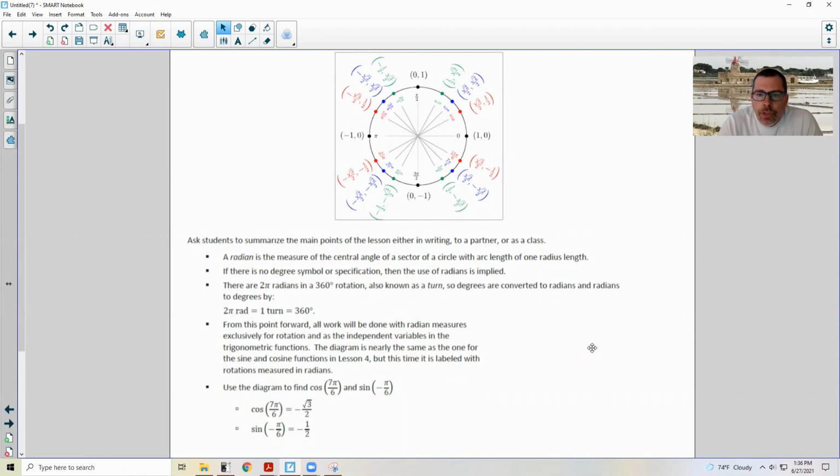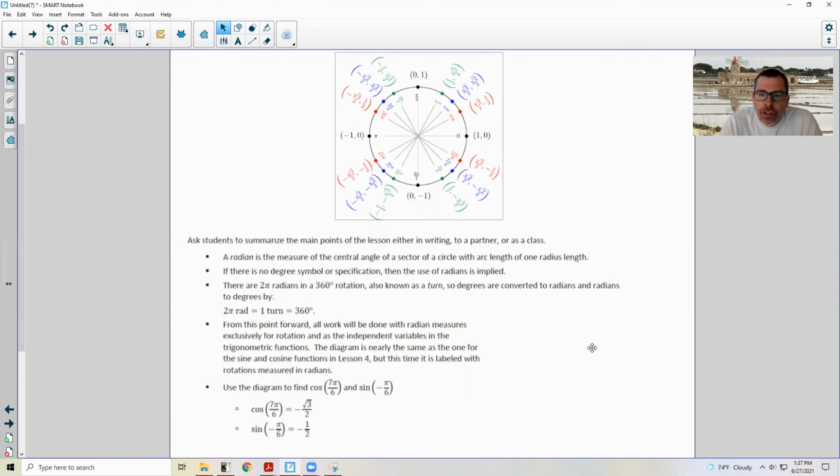So 30 degrees is π/6, 45 degrees is π/4, 60 degrees is π/3, π/2 is 90 degrees, π is 180 degrees, and so on. The values inside are now in terms of π or radians, and the outside stays the same, because we have the sine of the same angle measure, but now it is in radians.